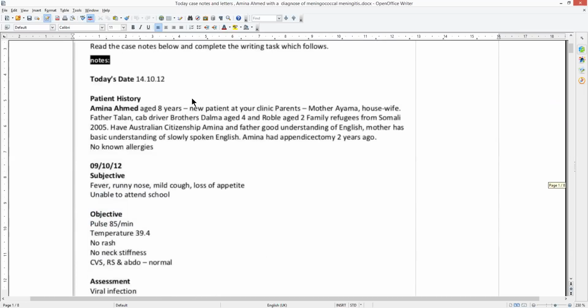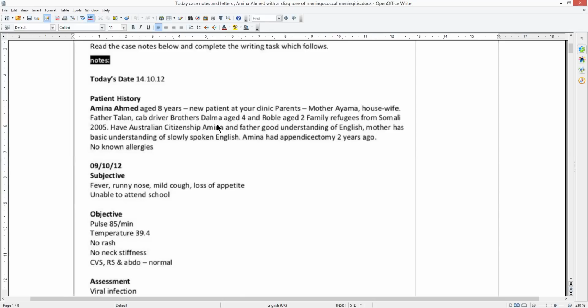Age 8, new patient, parents Somali, Australian. Okay, we don't really need all this. Now, as you probably know, or you should know, the OET put some case notes in on purpose as what we would call a distractor to confuse you, to make you include them where they are not relevant or pertinent.